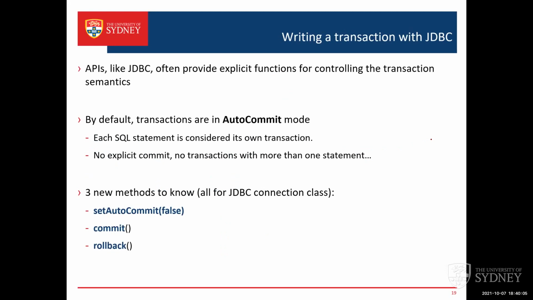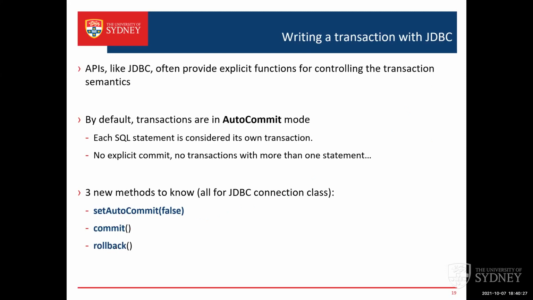So last week we learned about JDBC, and for Python we learned about DB API, right? So how do we write all of these things in JDBC if we're creating an application? Okay, very simple. In the JDBC connection class, there are 3 methods available.